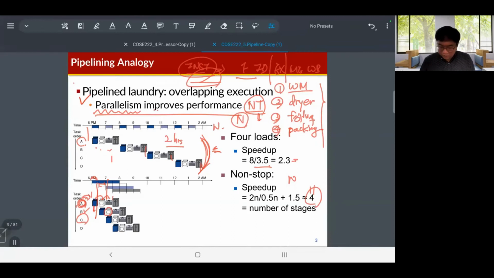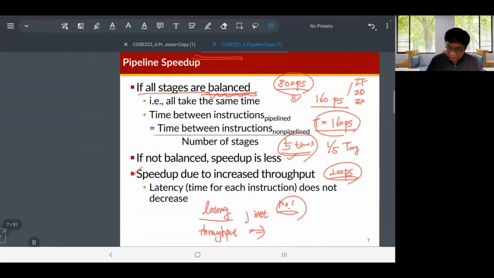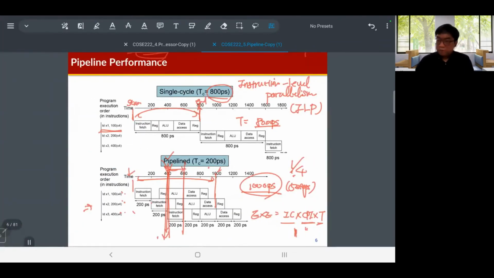This is very important for the performance of a computer processor because we can improve the performance with parallelism. There are many different kinds of parallelism, but we are learning about parallelism for the first time in this course, so we are learning about instruction level parallelism, which means many instructions are executed concurrently in a processor.